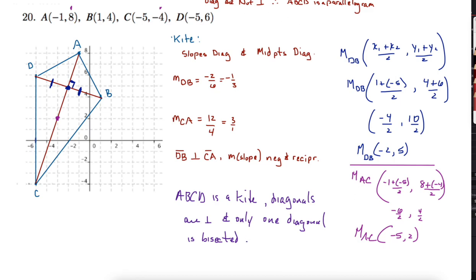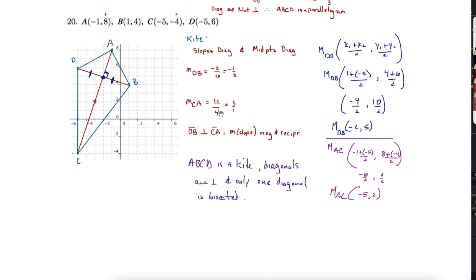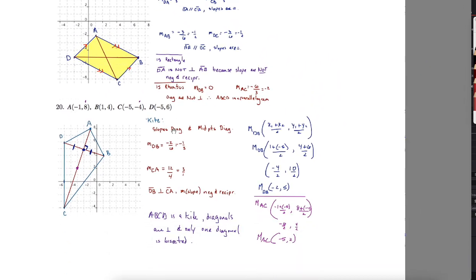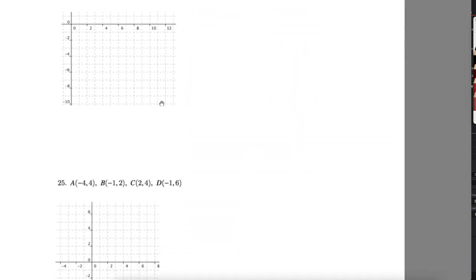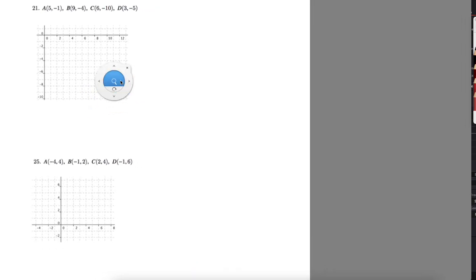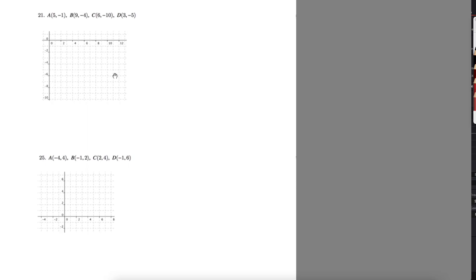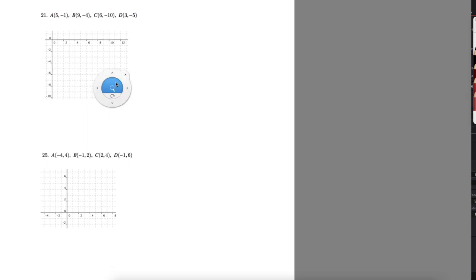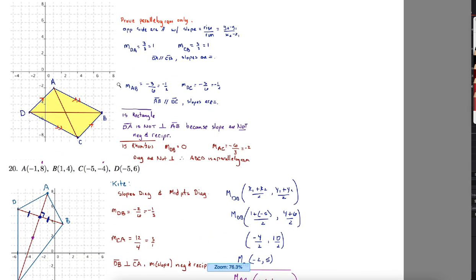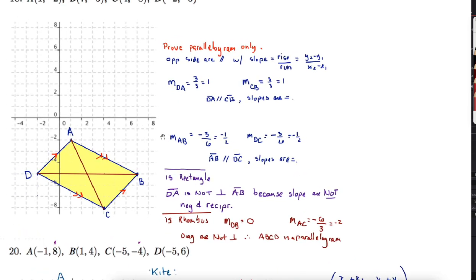Okay, very good. So this is the general idea for these kinds of proofs. They require a little bit of work. I'm going to let you work on 21 and 25 on your own. Graph the points, make a plan for how you're going to prove a quadrilateral, and sometimes you have to disprove the quadrilateral, because proving parallelogram in this case wasn't enough. We also wanted to show that it wasn't a rectangle or a rhombus.